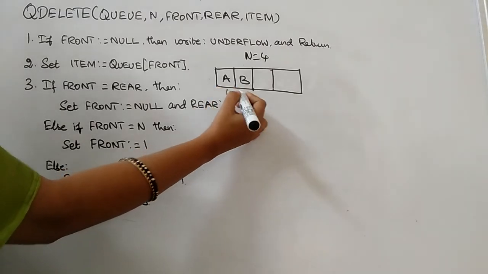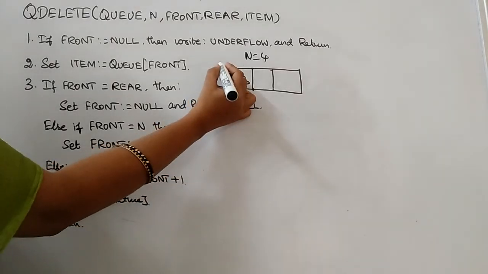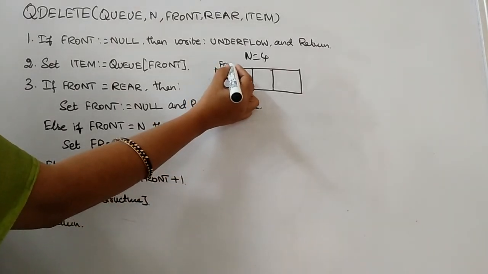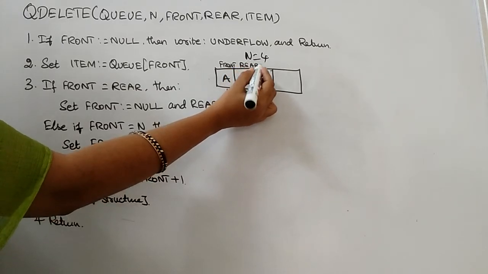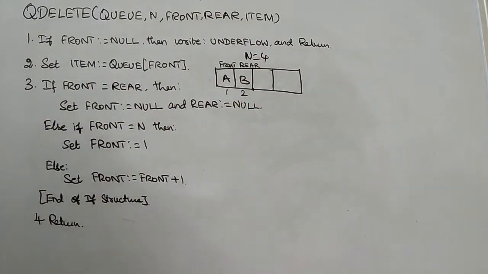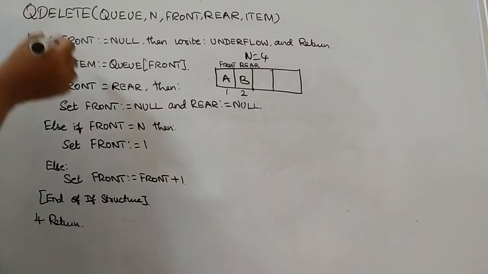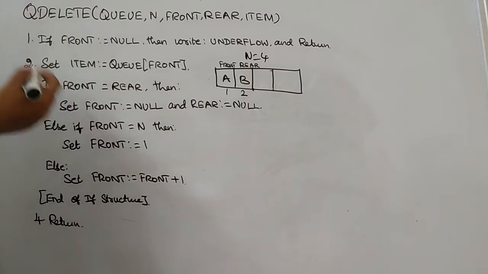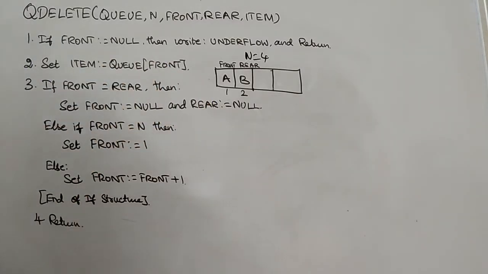So front is equal to 1 and rear is equal to 2. This one is called the front and this one is the rear. The maximum size of my queue is 4. So if this condition fails, you can conclude there is at least one element in your queue.